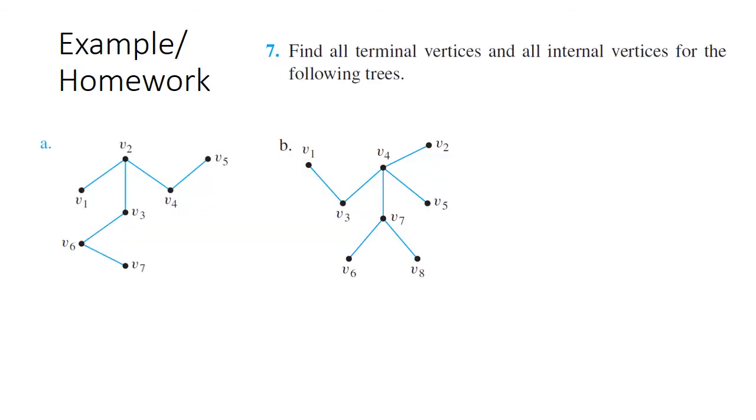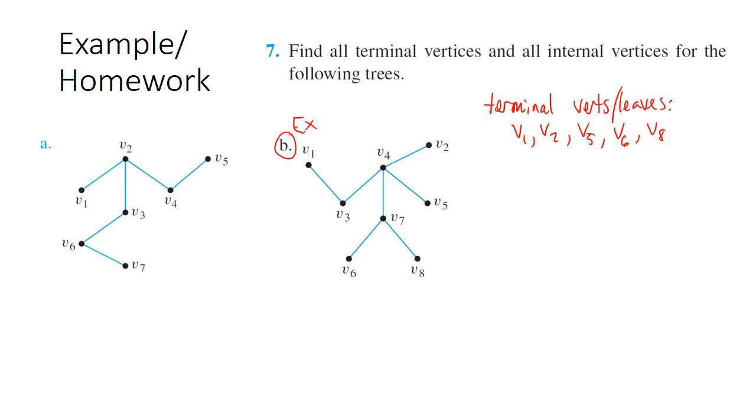Okay, so let's look at an example. Find all terminal vertices and all internal vertices for the following trees. The terminal vertices, or the leaves, I'm doing part B as the example here. These are going to be V1, V2, V5, V6, and V8.